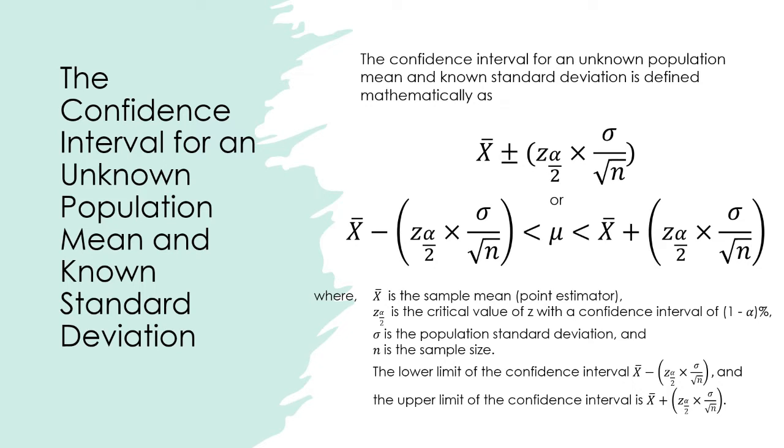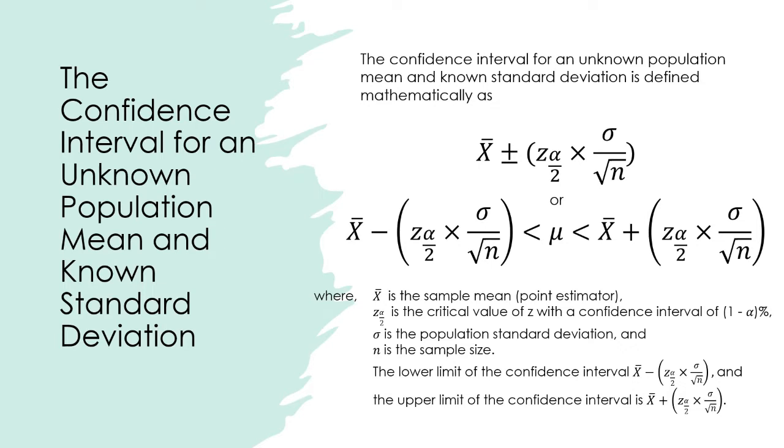Your z sub alpha half is the critical value of the z with a confidence level of 1 minus alpha. Your sigma is your population standard deviation, and your n is the sample size.